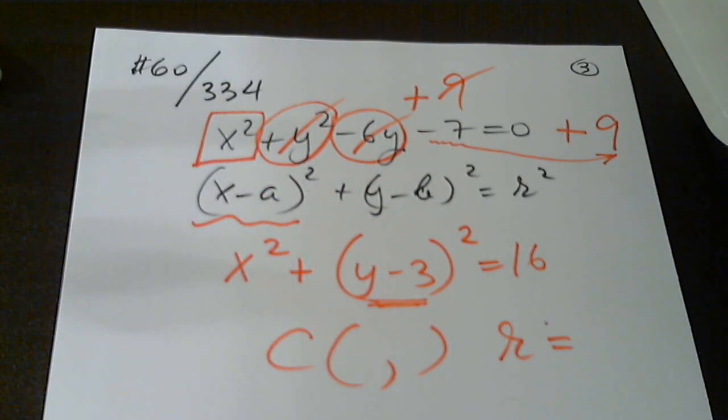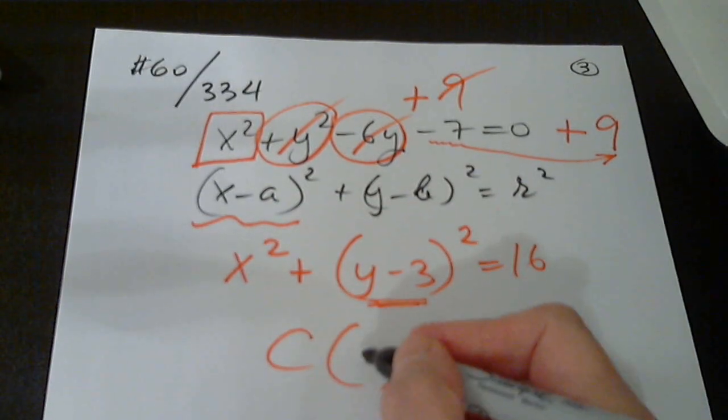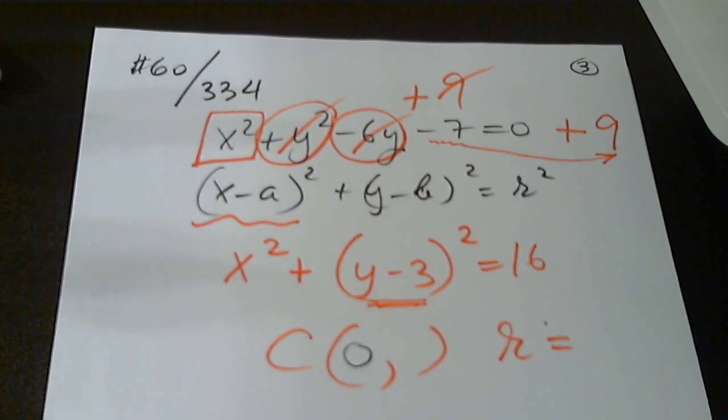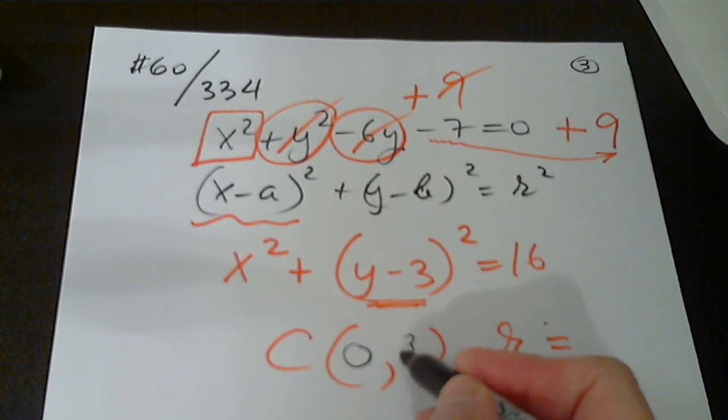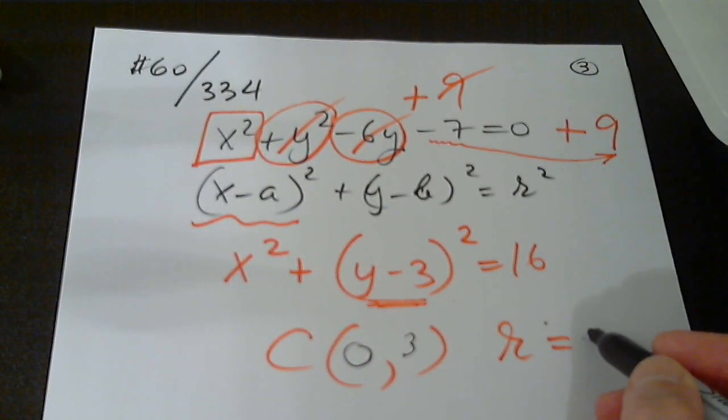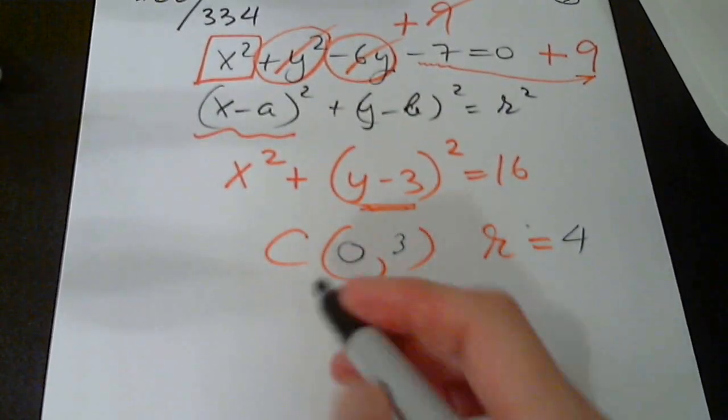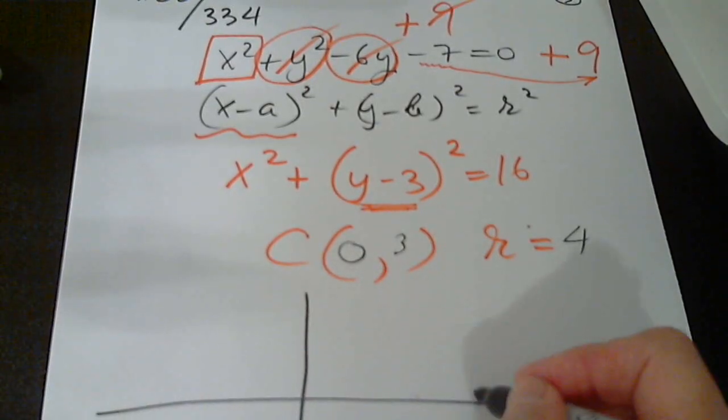If I don't subtract anything, what can it be? 0. Yep. And the y coordinate of the center? 3. Very good. And the radius? 4. Done. That's it. Easier than the previous case.